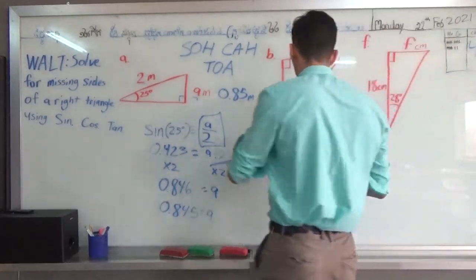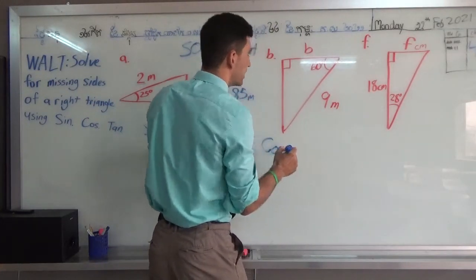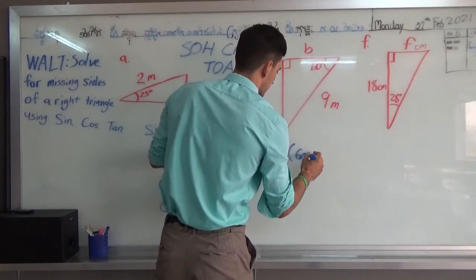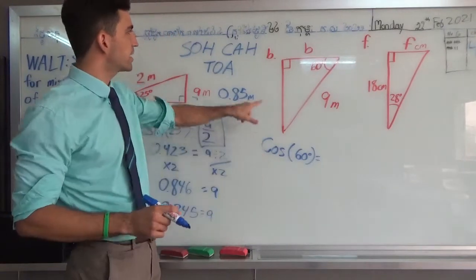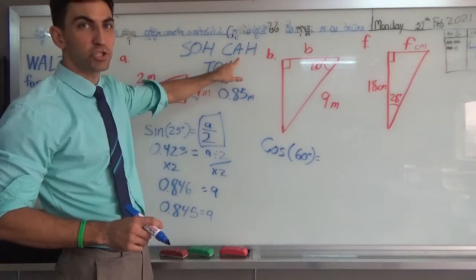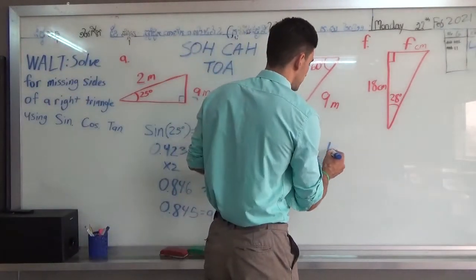It is the adjacent side, which means I'm working with the cosine. So I can write down cosine of 60 degrees is equal to, well, the cosine goes with adjacent over hypotenuse. So the adjacent, we don't know what it is, it's just B for now.